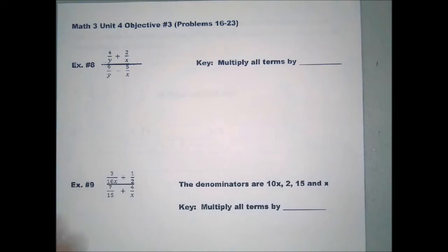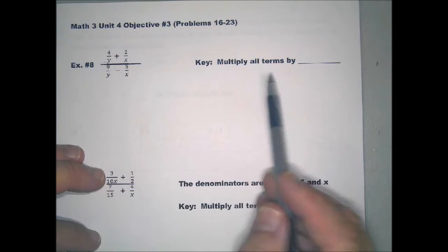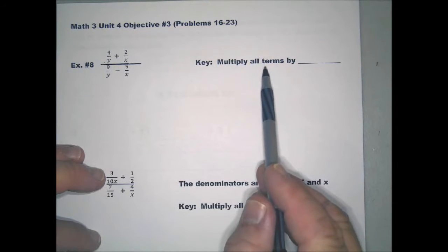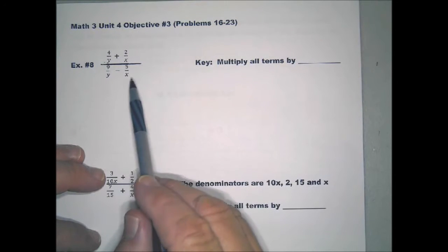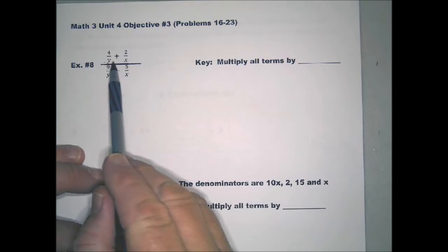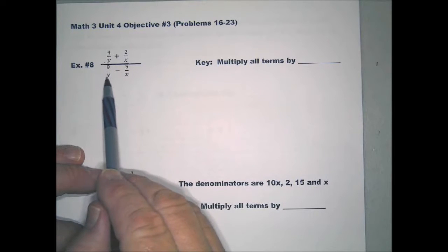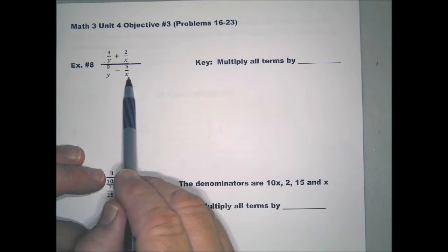Now, the key to cleaning this ugly mess up is multiply all terms by the least common multiple. So, look at all the denominators. I've got a y and an x, and I've got another y and another x.